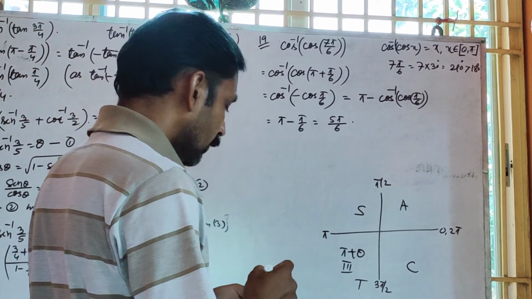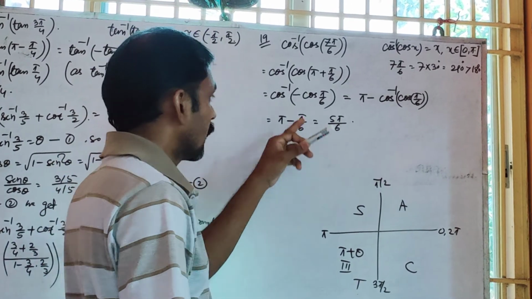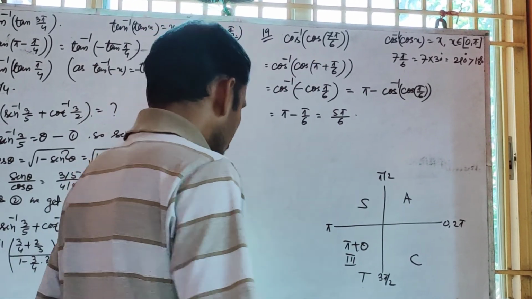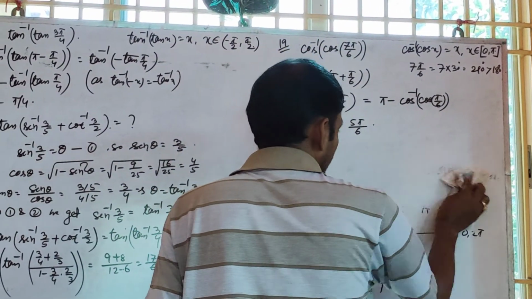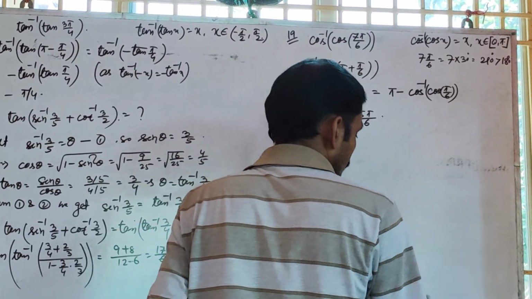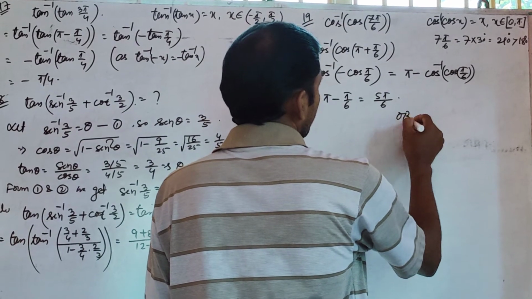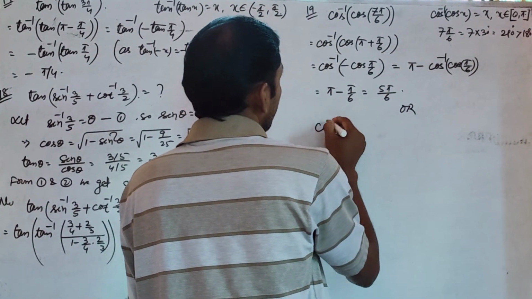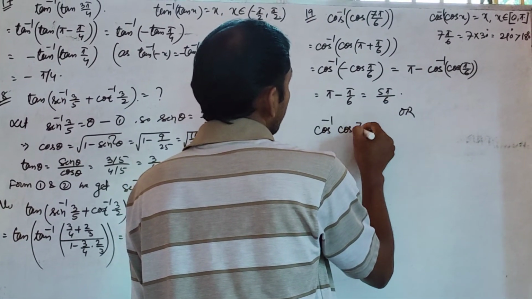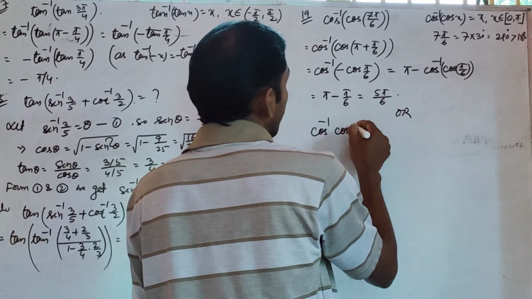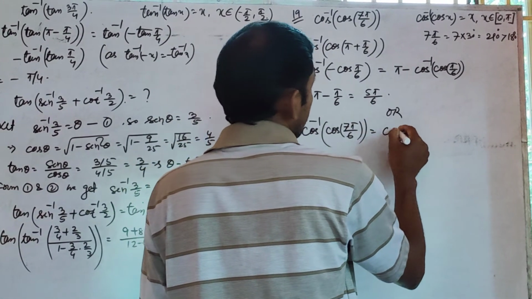Or you can do it in another way also. You can write cos inverse cos 7 pi by 6.